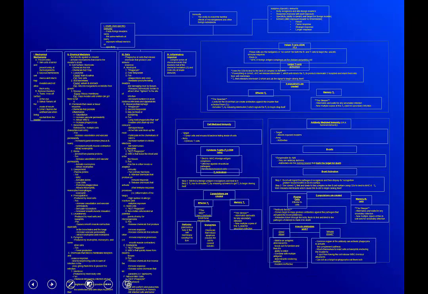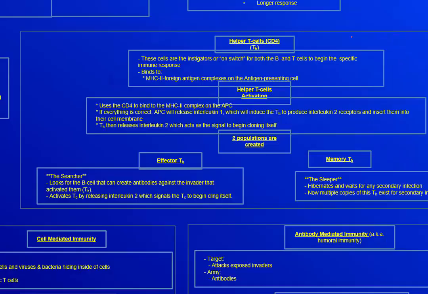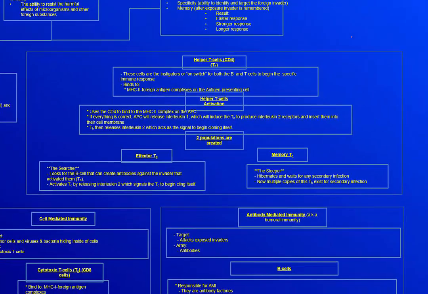Okay, so that is here. Helper T cells, they're the instigators or the switch for both the B and the T cells to begin specific immune response. MHC-II foreign antigen complexes on the antigen presenting cell are what they bind to. Remember, MHC-II is specific for helper T cells.